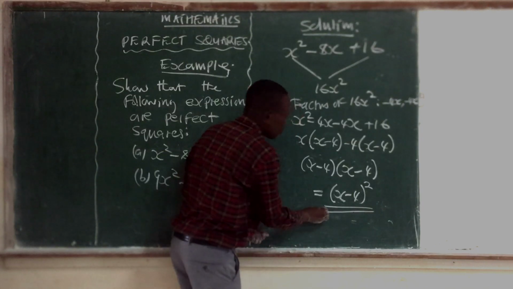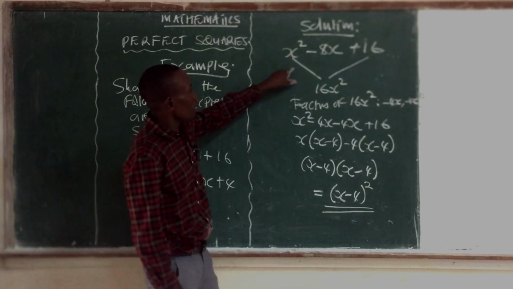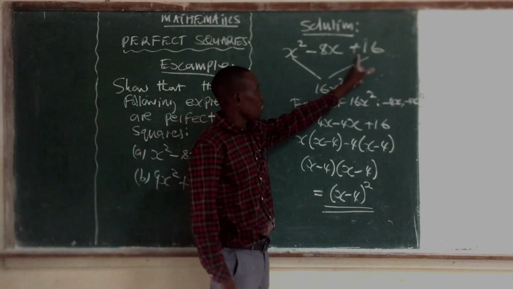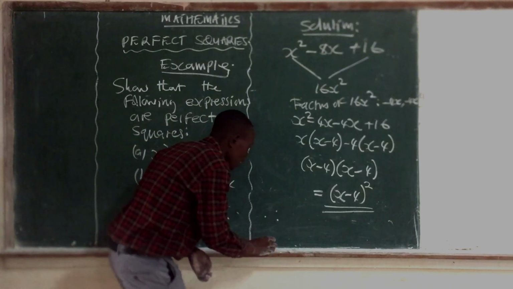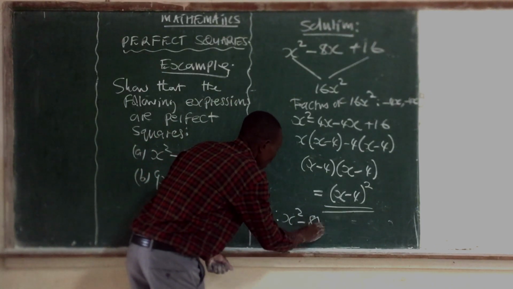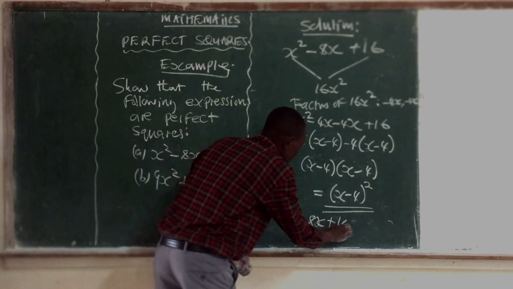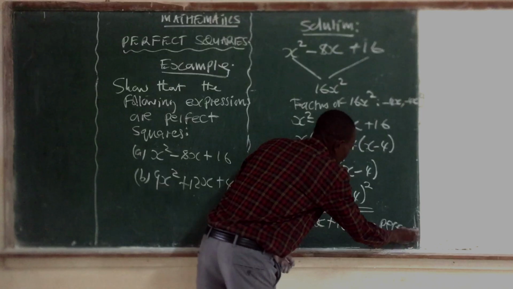Therefore, x squared minus 8x plus 16 is a perfect square.